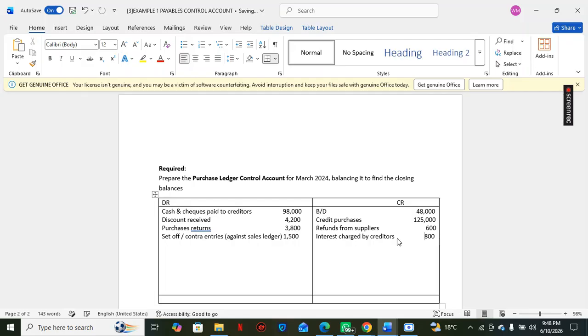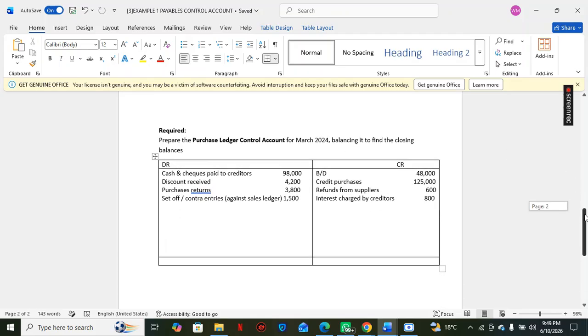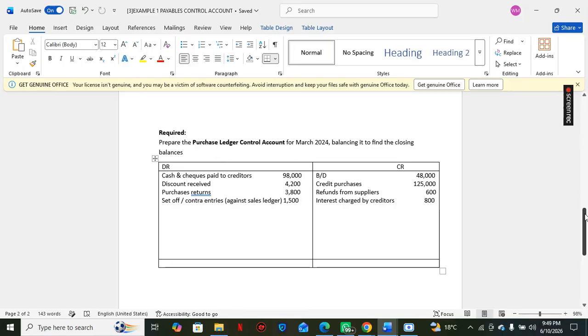Okay, so now we balance off the accounts to find out how much we are owing now in total to our suppliers. So we total up the debit side.